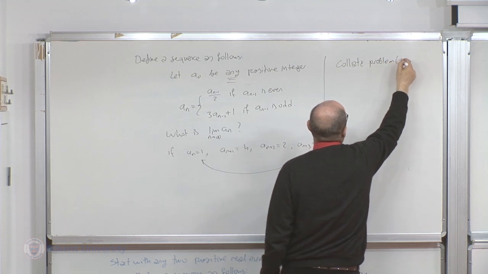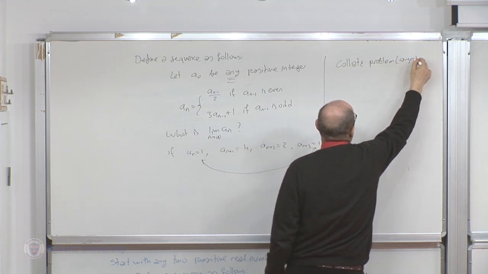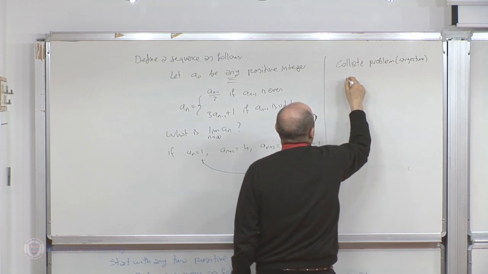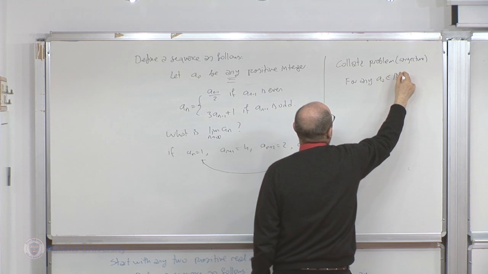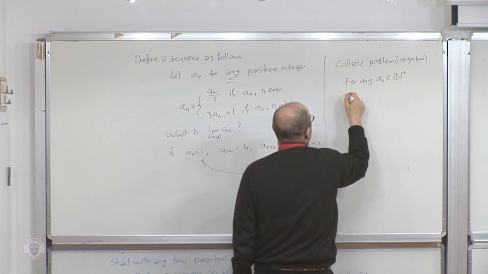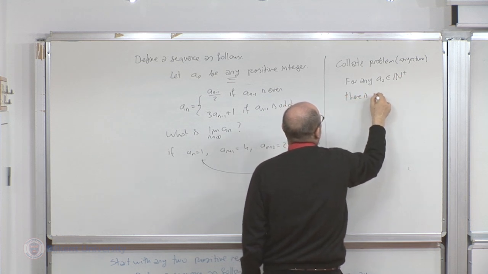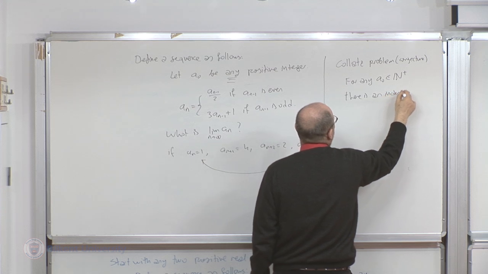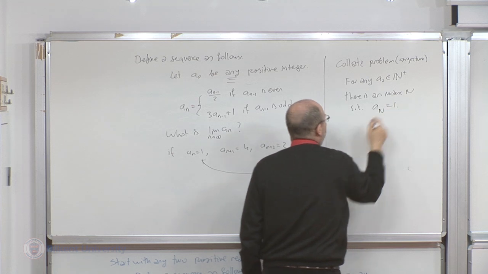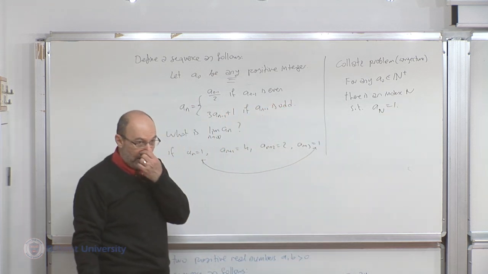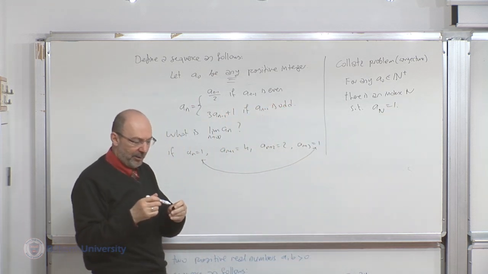And sometimes it's called a conjecture. For any a_0, which is a positive integer, there is an index n such that a_n is 1. So no matter where you start, you'll always hit 1.